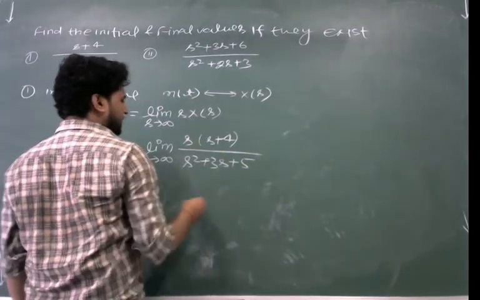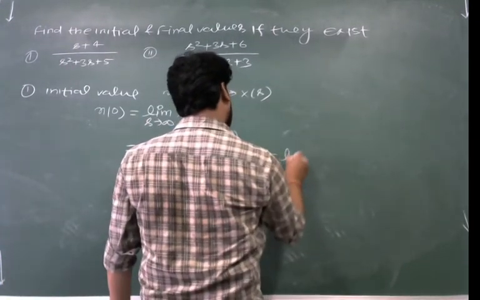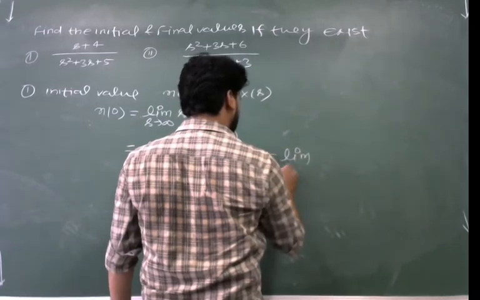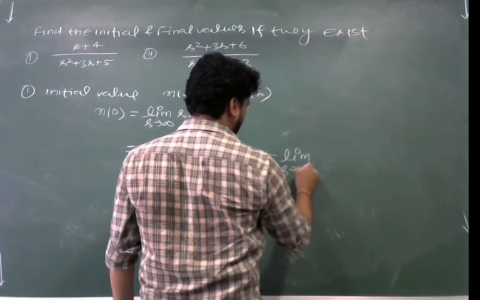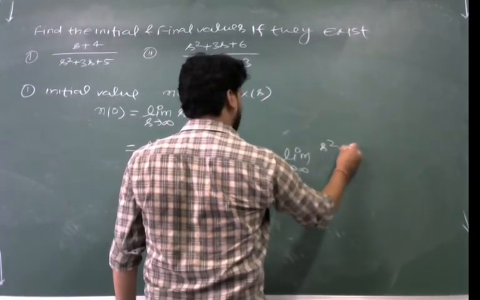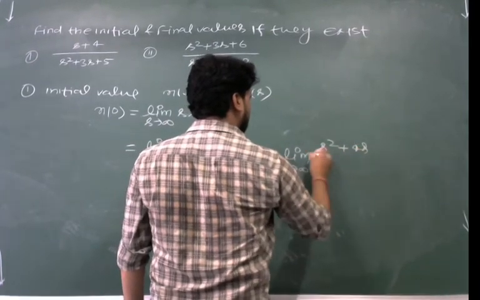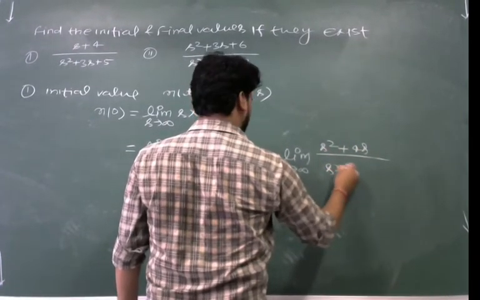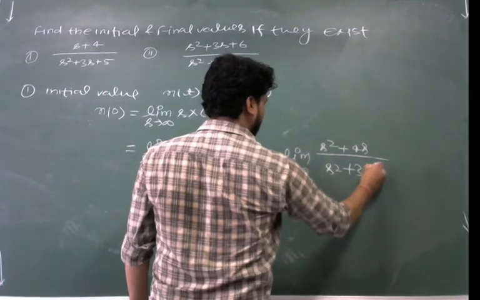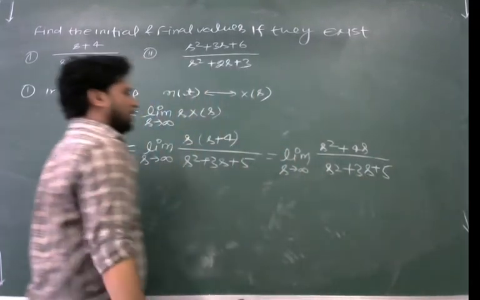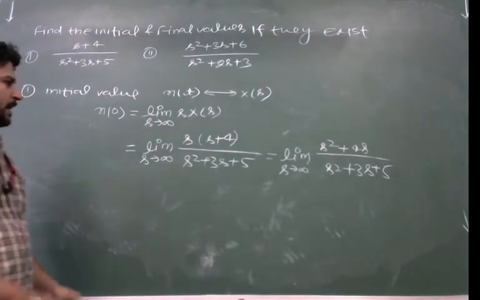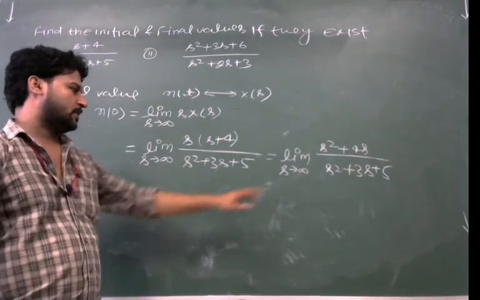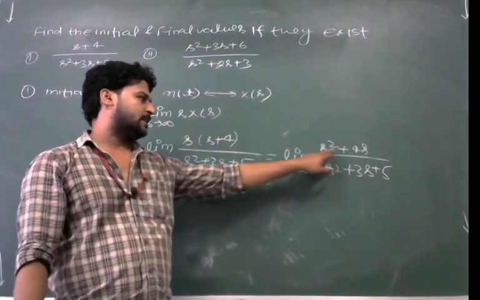Multiply with this s in the bracket, this will become limit s tends to infinite s square plus 4s divided by s square plus 3s plus 5. Again, we have to put s equal to infinite in this relation.